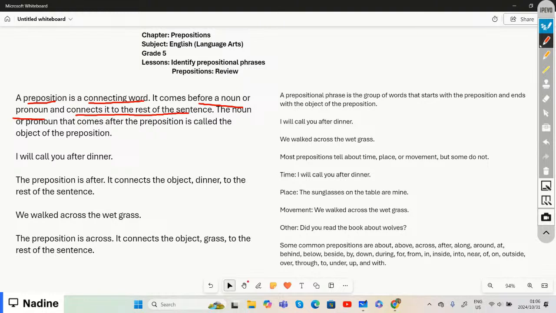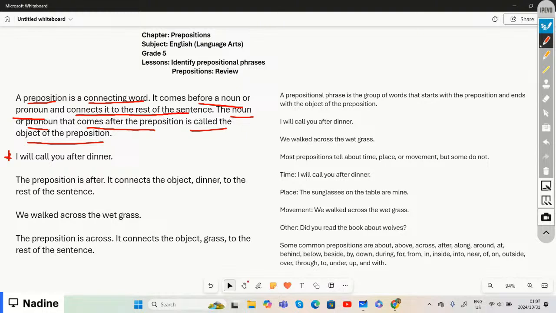So when it comes to a preposition, the noun or the pronoun that comes after the preposition, we call that the object of preposition. If we look at an example: I will call you after dinner.